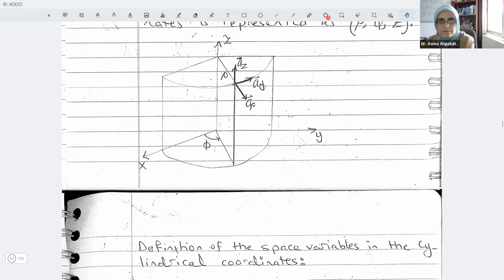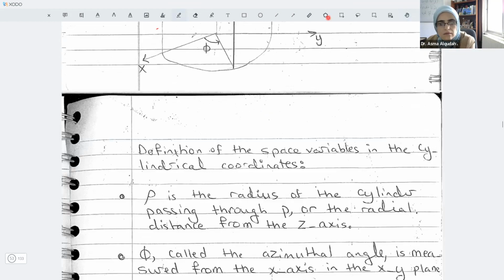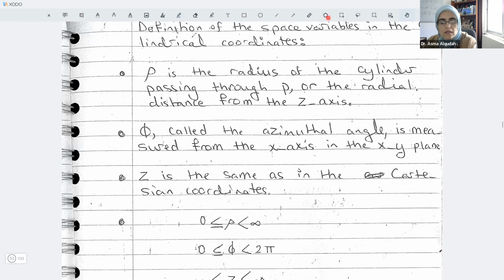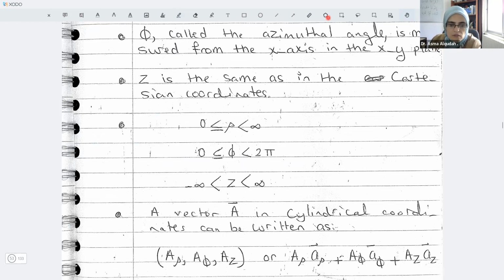So this is the definition of the space variables for the cylindrical system.